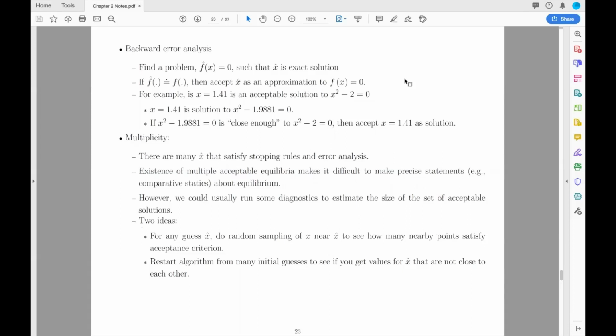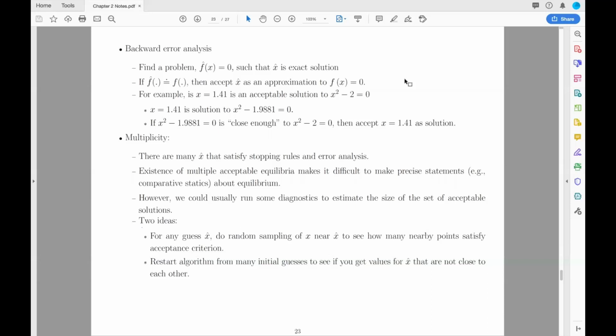Well, what I'm first pointing out is that even if the economic model, with infinite precision arithmetic, has only a single solution, there's a continuum of solutions that will satisfy your stopping rule, so the numerical error is going to generate possible multiple solutions.